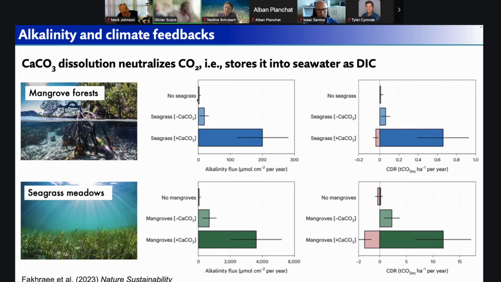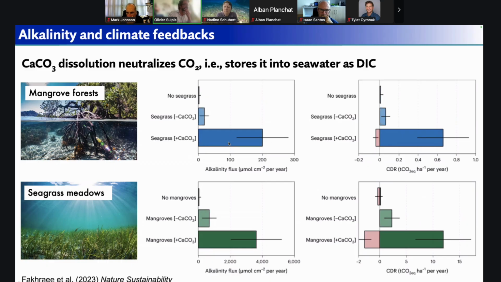They model what would happen if they would add some seagrass or some mangroves. If you add some of those productive ecosystems, you increase the alkalinity flux, and if you add some of those ecosystems and you add some calcium carbonate powders at the same time, then you increase this alkalinity flux even more.